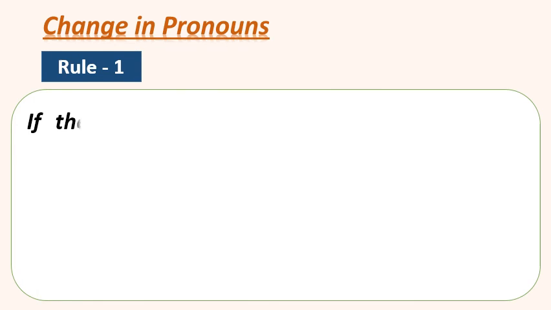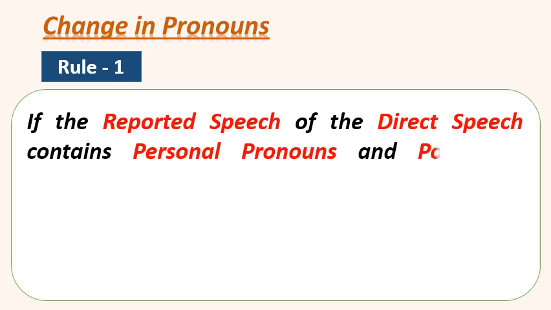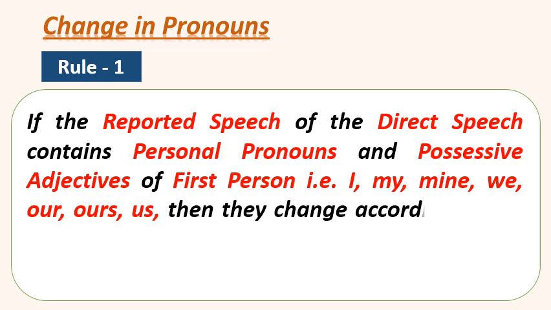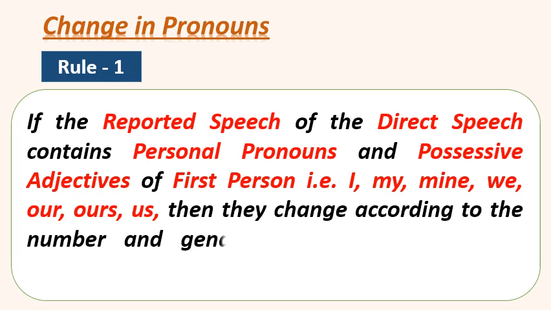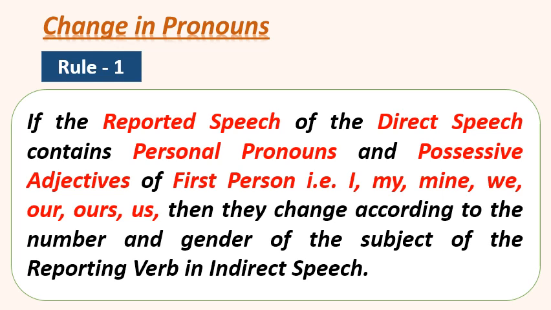Rule number 1 is, if the reported speech of the direct speech contains personal pronouns and possessive adjectives of first person, that is I, my, mine, we, our, ours, us, then they change according to the number and gender of the subject of the reporting verb in indirect speech. Let us see some examples to clarify it.